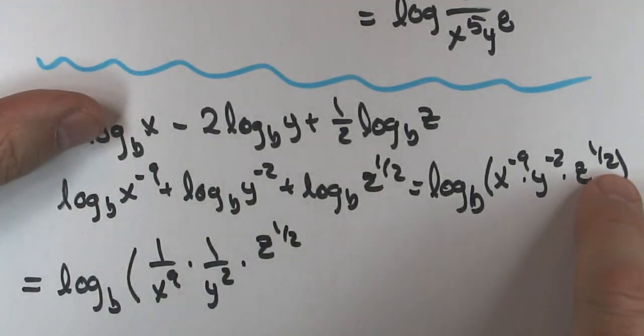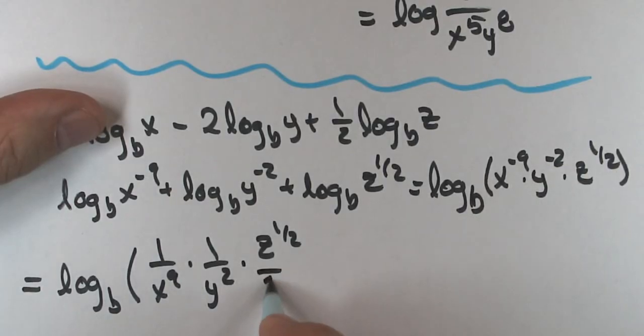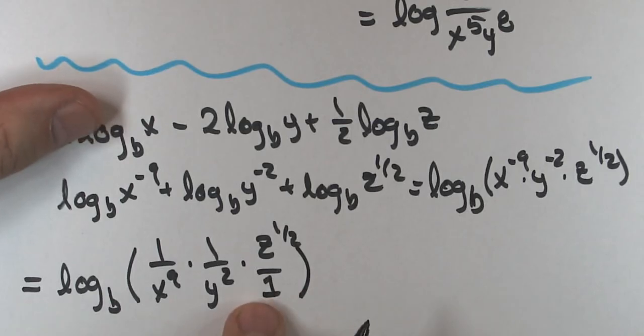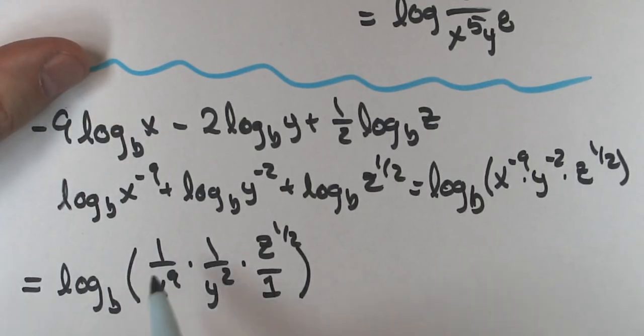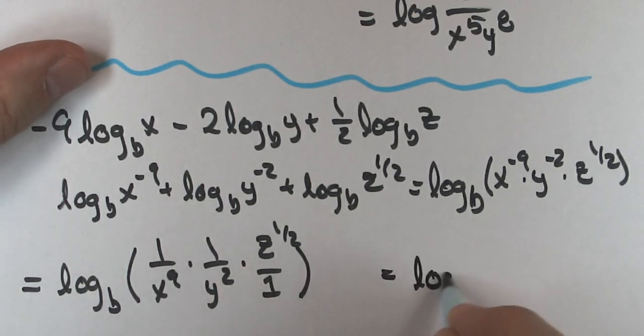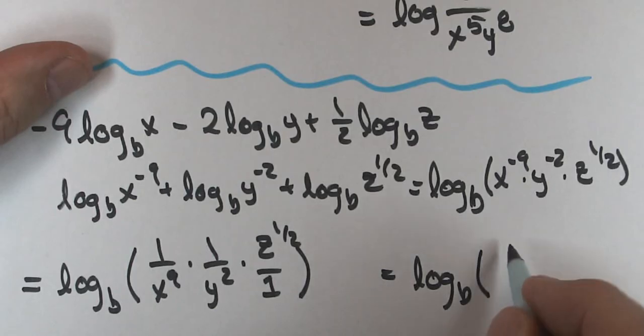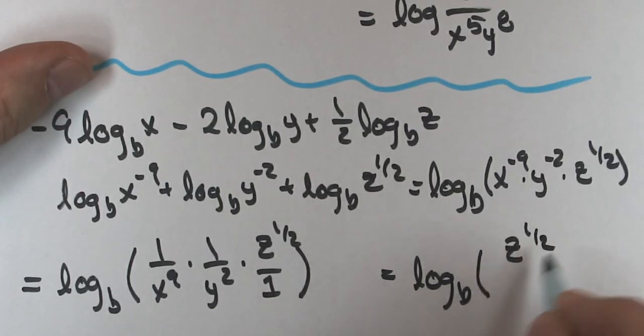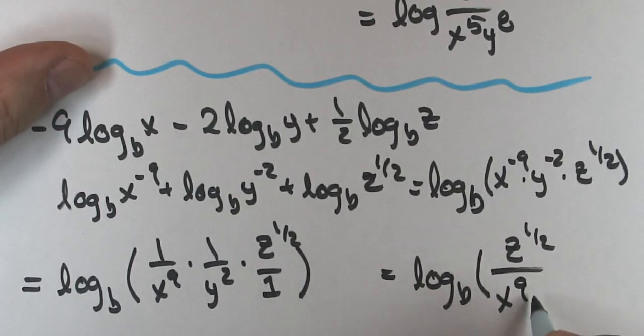Well, that doesn't have a negative exponent, so I'll just leave that in the numerator. I can write it over 1 if I like. And when you multiply fractions together, you multiply their numerators and you multiply their denominators. Log base b of z to the 1/2 over x to the ninth, y to the second, like that.